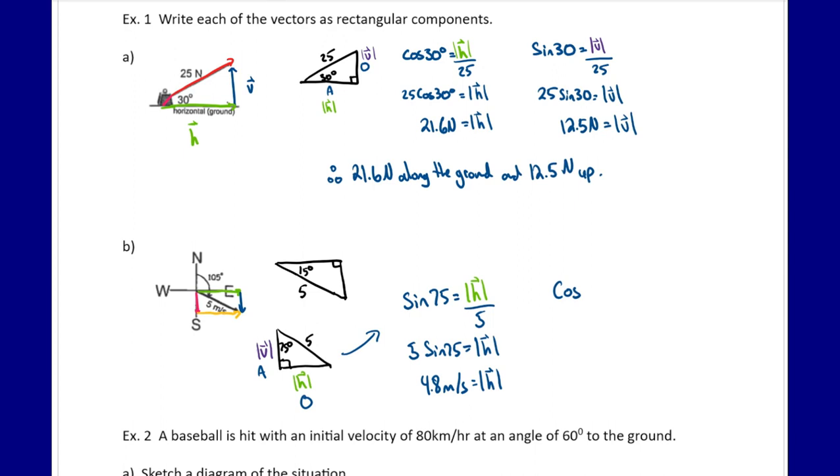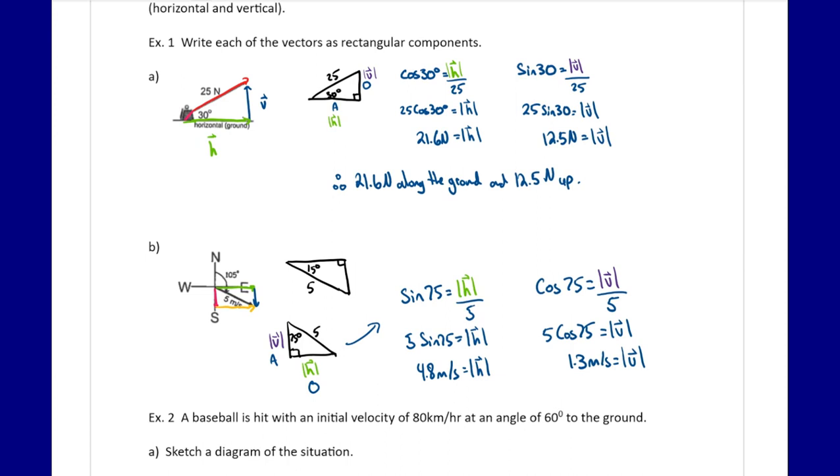So cosine of 75 is equal to the vertical component over the hypotenuse, or 5. Bring the 5 up, so 5 cosine 75 is equal to the vertical component, and we get 1.3 meters per second is equal to the vertical component.